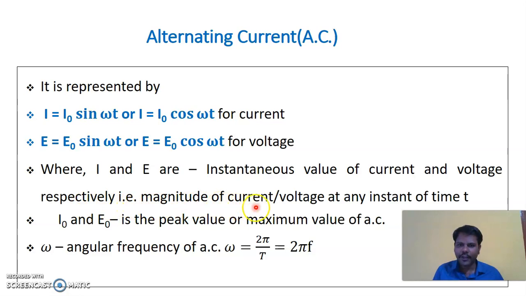That is, the magnitude of a current or voltage at any instant of time is represented by I and E. Whereas I naught and E naught are the peak or maximum values of alternating current. Omega is the angular frequency of alternating current, which is given by omega is equal to 2 pi by T, that is equal to 2 pi f, where T is the time period and f is the frequency.